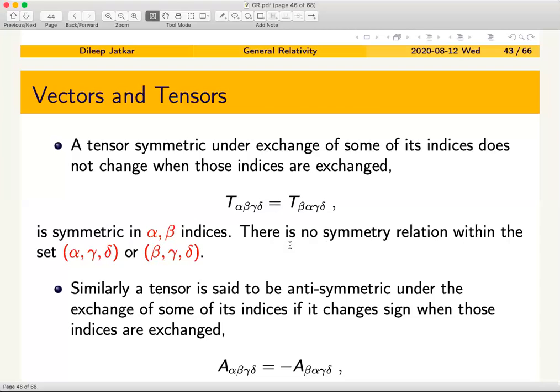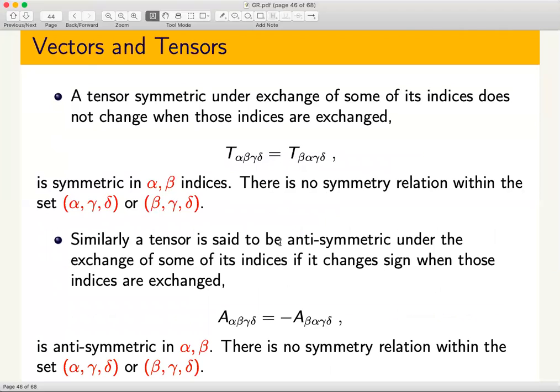So if a tensor carrying multiple indices has a symmetry property under exchange of one pair of indices, then the other indices and any one of this pair may not have any symmetry property, which is generally true, unless of course there is additional symmetry.